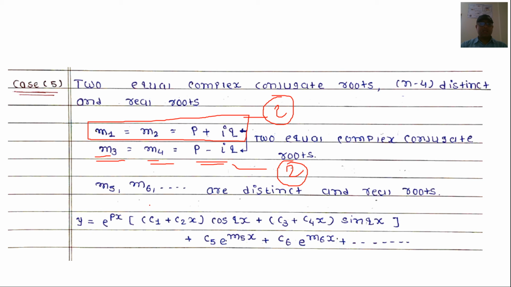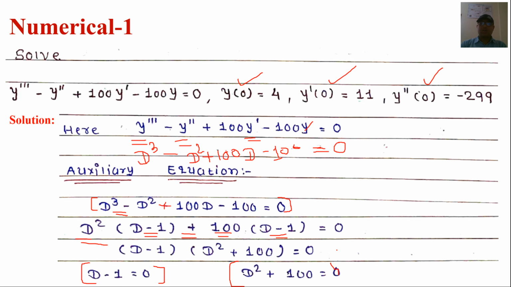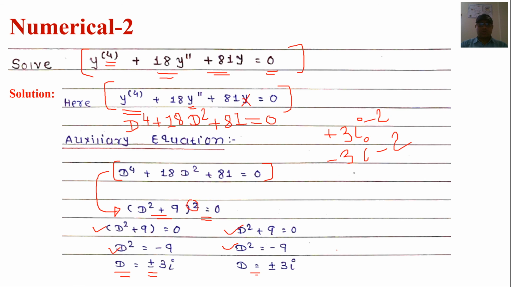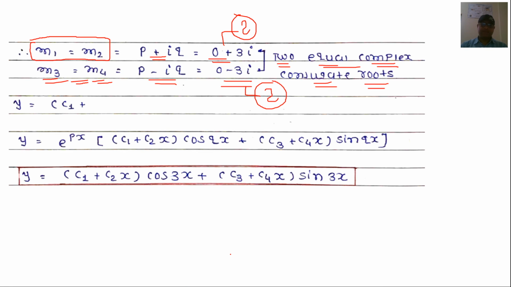Now in the numerical there are no real roots, so in that case the solution is given by e raised to px into c1 plus c2x cos qx plus c3 plus c4x sin qx. So remove all the terms c5 e raised to m5x plus c6 e raised to m6x, because here you can observe that the solution does not contain any real roots. The solution only contains complex roots plus or minus 3i and plus or minus 3i.